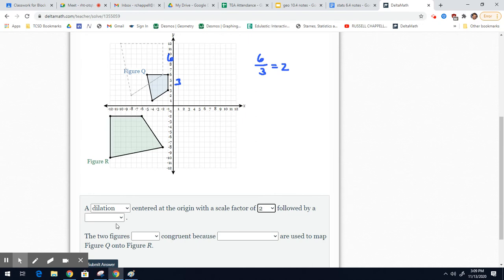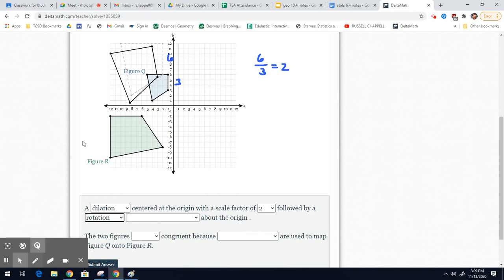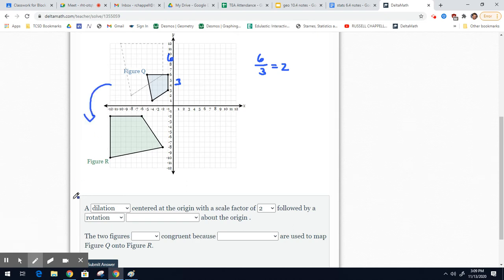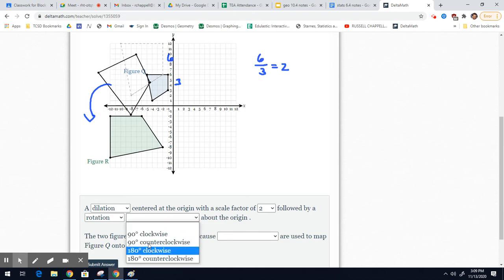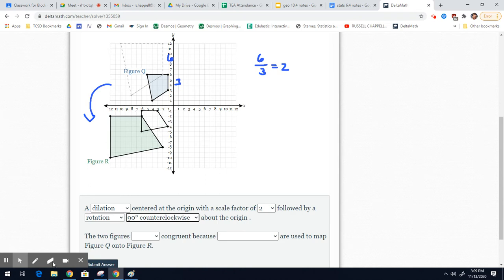And then after that, it gets rotated. The rotation is going one quadrant this way, from the second to third quadrant. That's a 90-degree rotation, and that is counterclockwise. 90 degrees counterclockwise rotation. Okay, let me erase my markings here so we can finish this up.